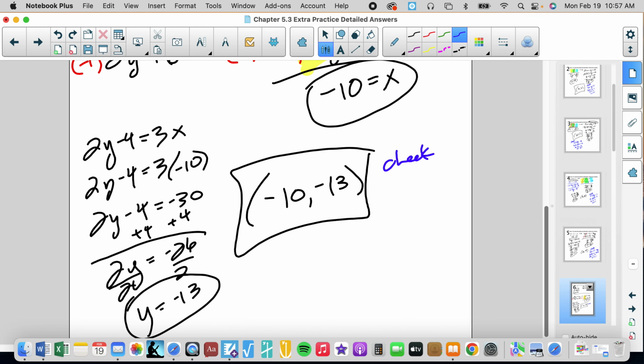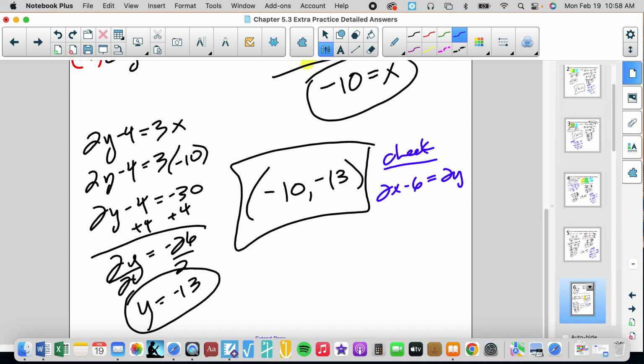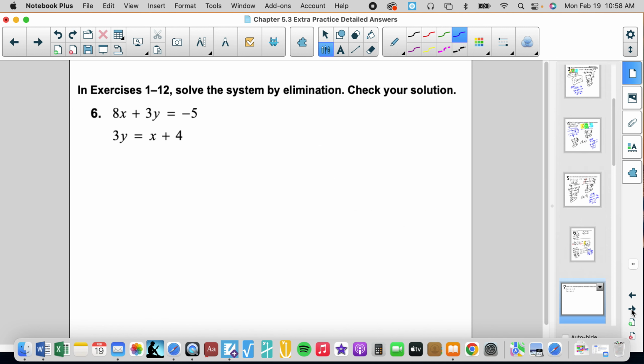Check. 2x minus 6 equals 2y, where 2 times -10 minus 6 equals 2 times -13. That's -20 minus 6 equals -26 equals -26. All right. That's good. Solve the system, check your solution.